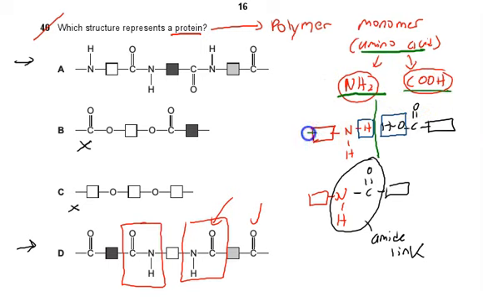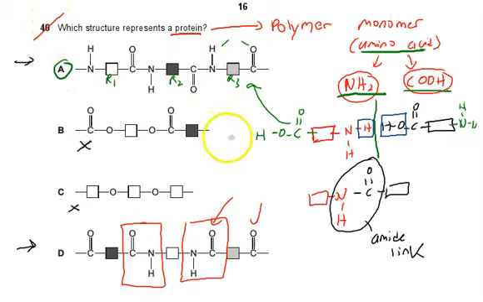So this side here will be the acid part, and here will be the amine group. So the most suitable answer here will be A. Let's say we make it R1, R2 and R3. Each of them will have the opposite side, which means this is the amino acid. So this is for question number 40.